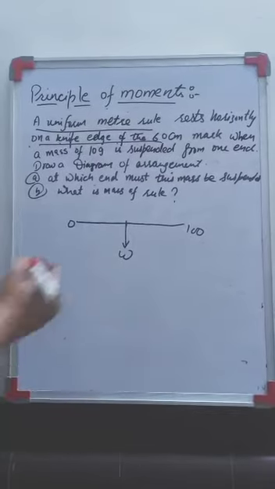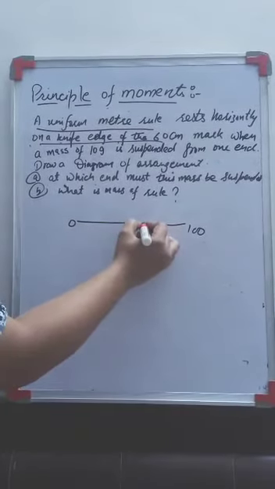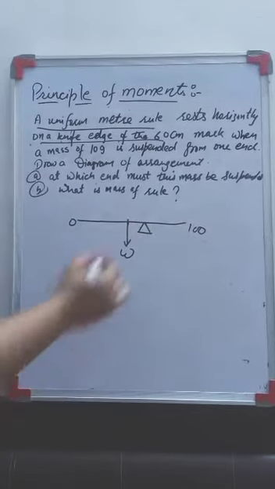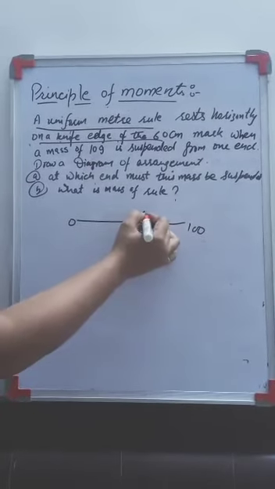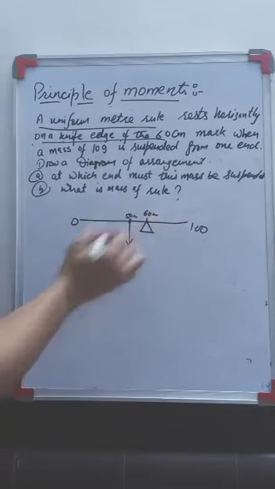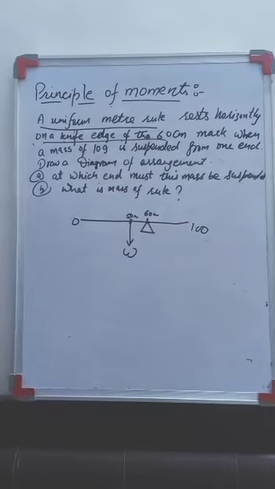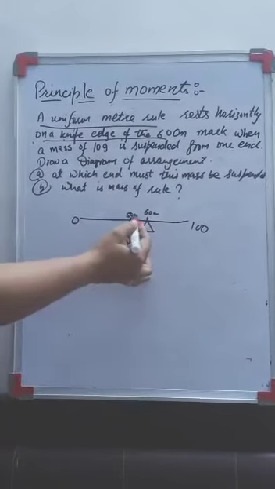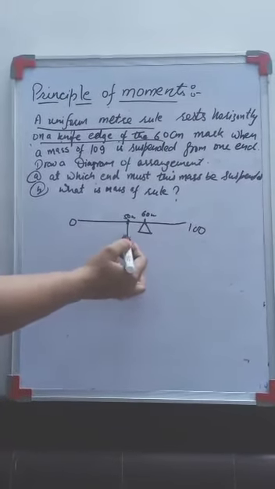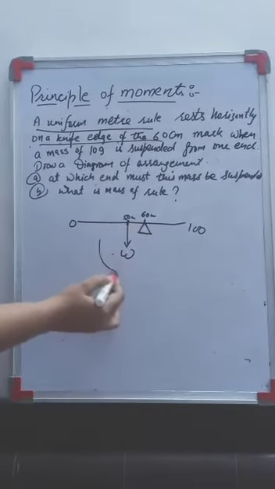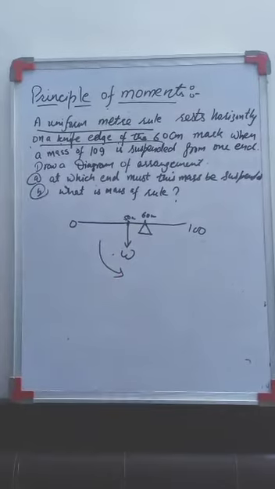Now it is placed horizontally on a knife edge at 60 centimeter. That means this place is 60, and the center is 50. As it is balanced at 60, the weight acting at 50 will make it go downward, so it will try to move in the anti-clockwise direction.